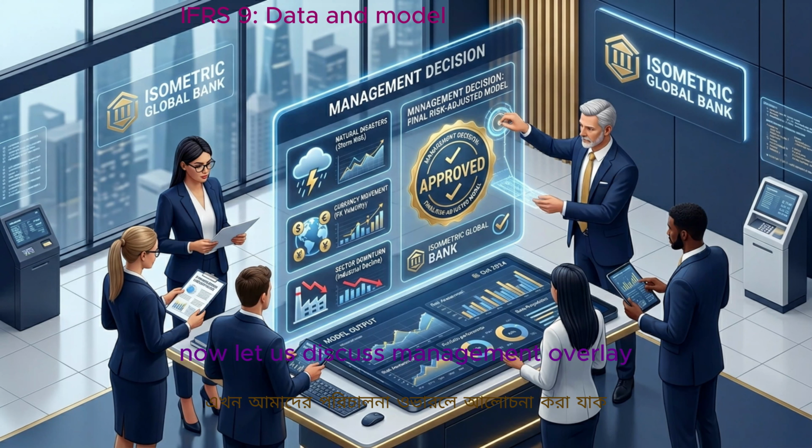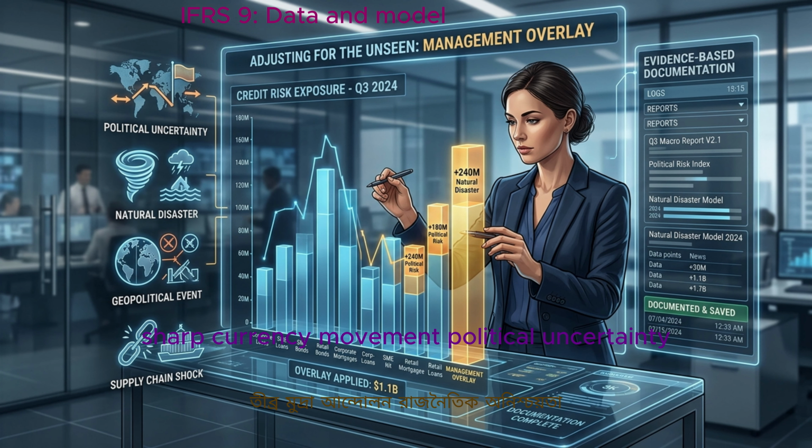Now let us discuss management overlay. Even a good model may not capture every risk. Sometimes management may identify additional risks that are not fully reflected in the model output. Examples include sudden sector downturn, natural disaster, regulatory change, sharp currency movement, political uncertainty, or model limitation.